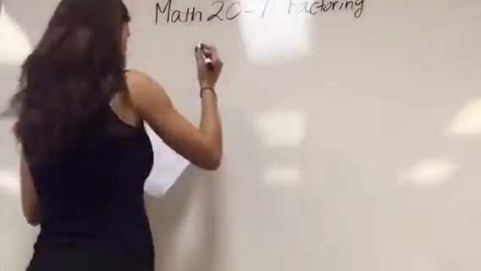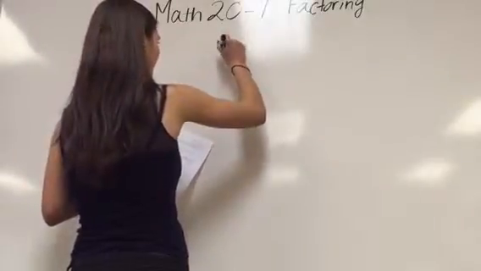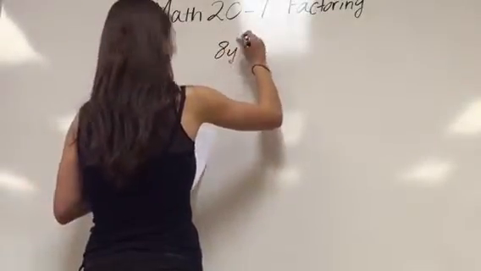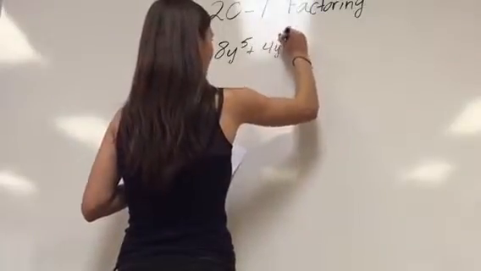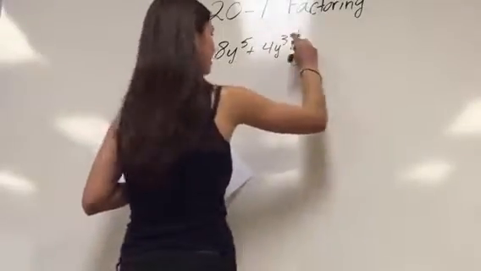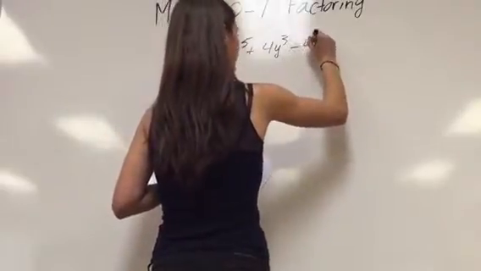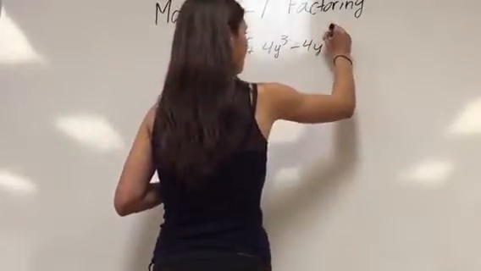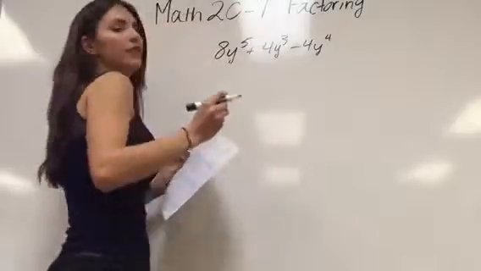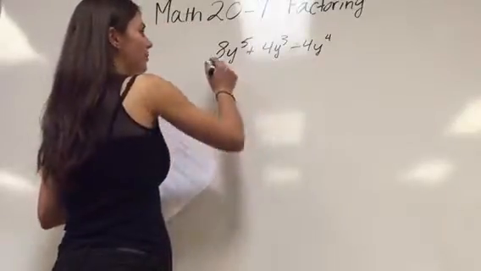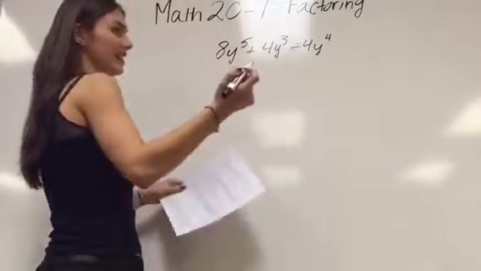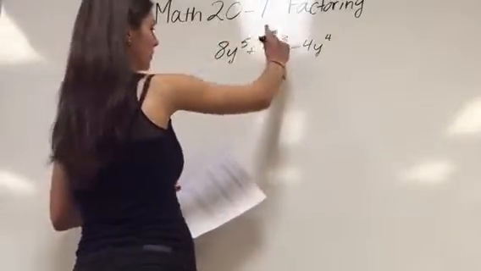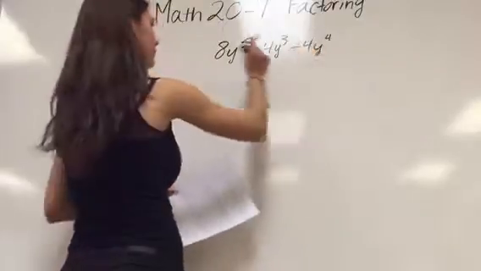So to review basic factoring, if we had something like 8y to the power of 5 plus 4y cubed subtract 4y to the power of 4. So we bring out our highest common multiple for our coefficients, and we find the lowest exponent to our variables.